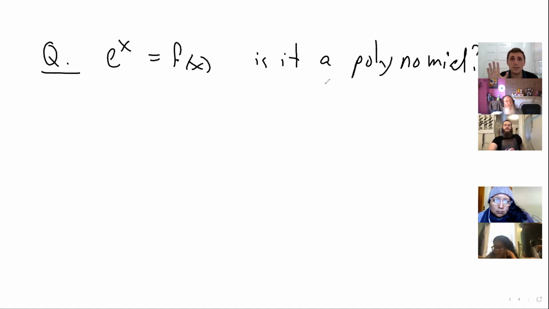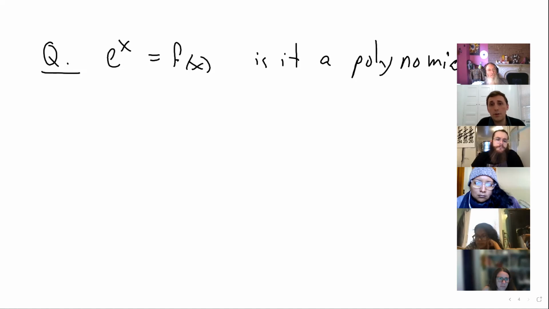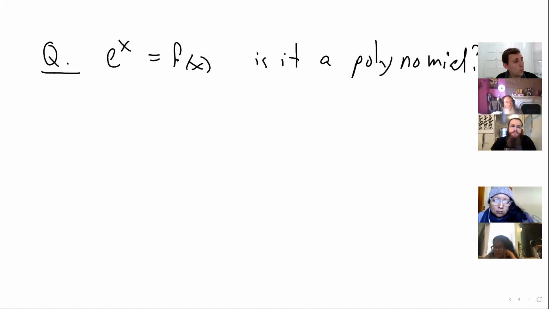And the question is, we see that the word polynomial right now is a sort of loaded term. The more precise question is, is it a polynomial that has a finite power, right? Because a polynomial of degree 2 has power x squared as the biggest one, right? A polynomial of degree 3 has a power of x cubed as the biggest one, right? And onwards. So this gives you a quick way to deal with it.